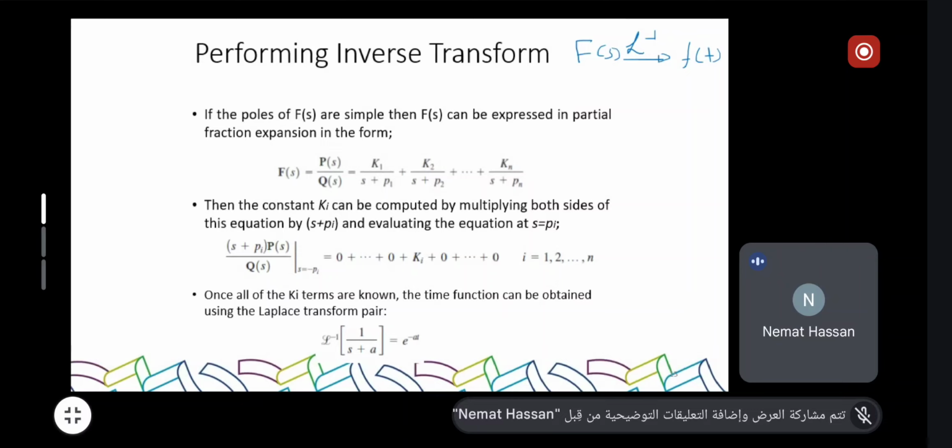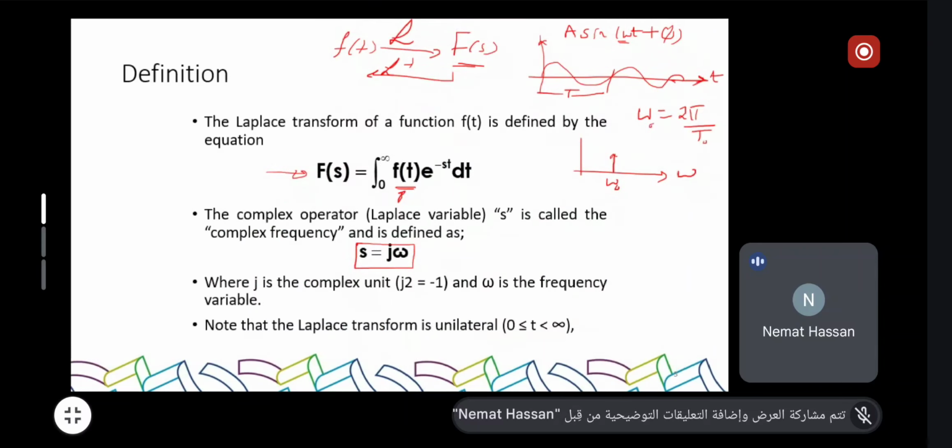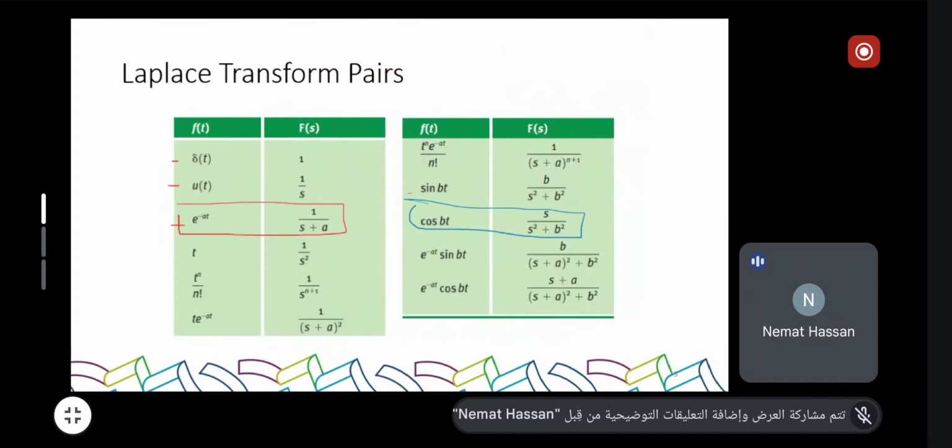So for the inverse transform, if you notice, at the very first slide of this lecture, I gave you a mathematical formula for the forward transform, but there is no formula for the inverse transform. So therefore, for the inverse transform, we are stuck with the tables. So this becomes a lookup table. If you have F of s, you just go and look it up and see what is the f of t corresponding to it.